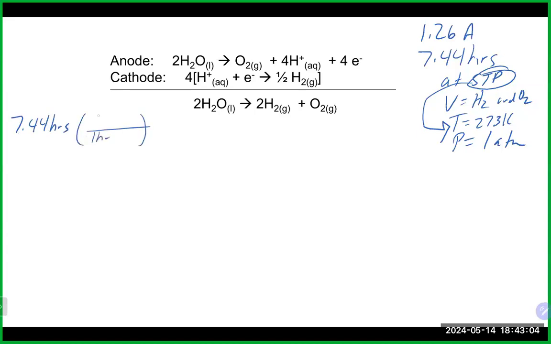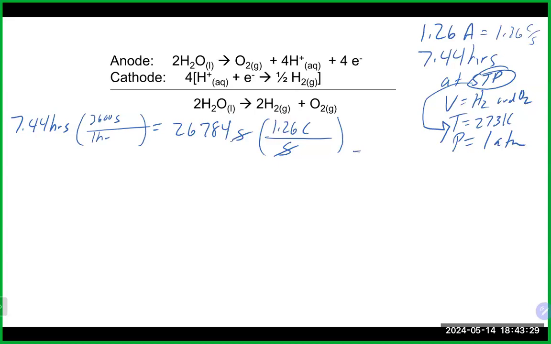An hour is 3,600 seconds. And we'll take 7.44 times 3,600, which is 26,784 seconds. Remember, this is the same as 1.26 coulombs per second. So we're going to use that to get to our charge.